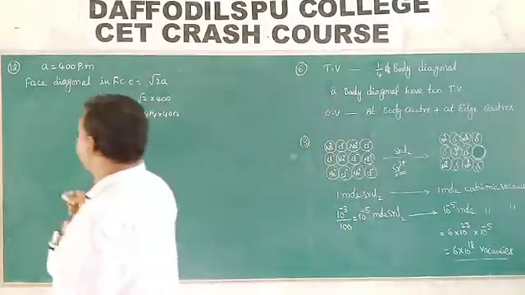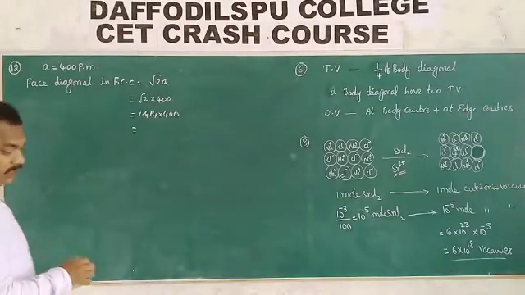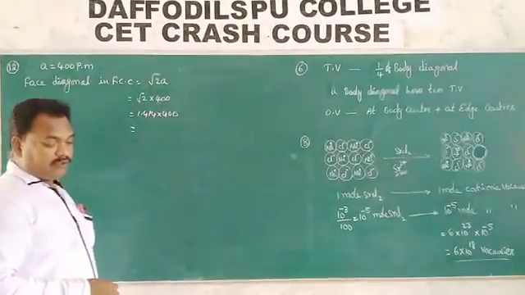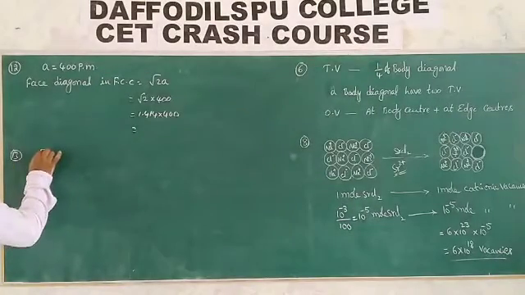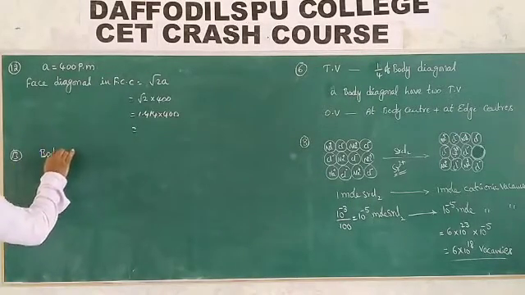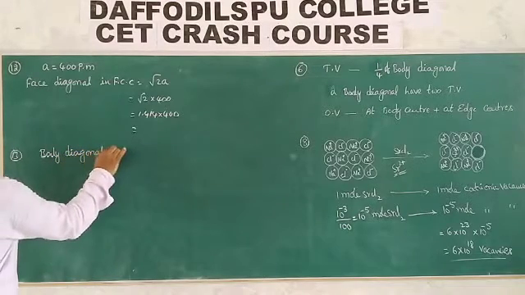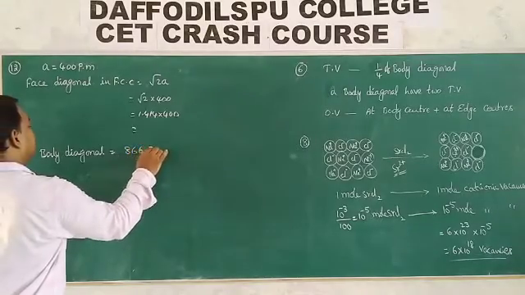The 13th question is: body diagonal of a cube is 866 picometers. Body diagonal is 866 picometers.